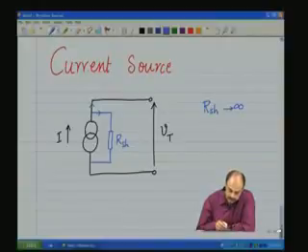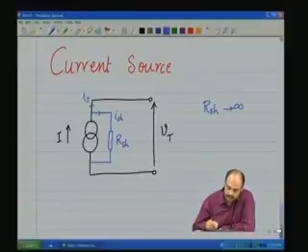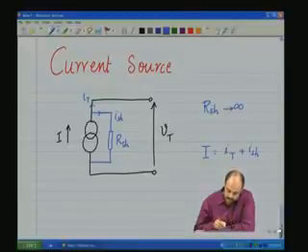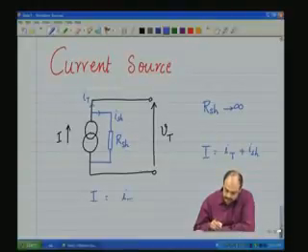So if you say this current is I shunt, which flows through the shunt resistance path, and this current is the terminal current, then I equals terminal current plus I shunt. So therefore, I equals IT plus V terminal by R shunt.